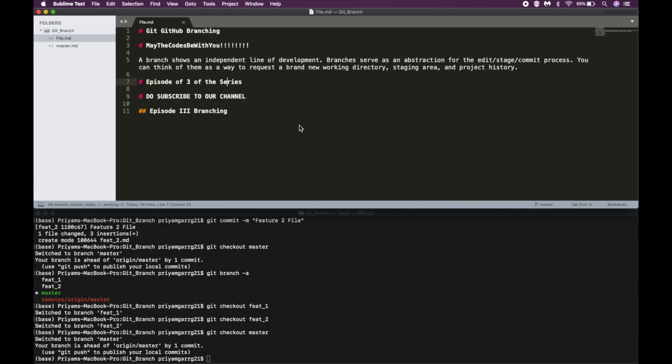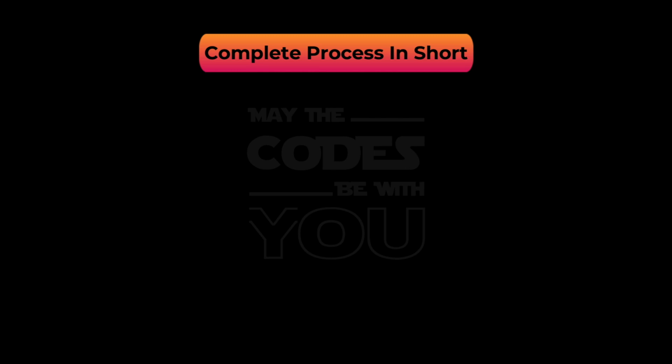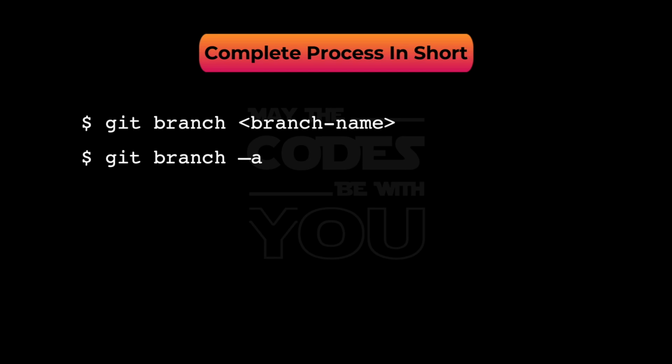So let us see what we have done in short. So the first command was to create a branch, that is git branch and then the name of the branch. The second command was git branch -a, that helps you know all the branches of that repository. Another one is git checkout, so you can go to that branch.